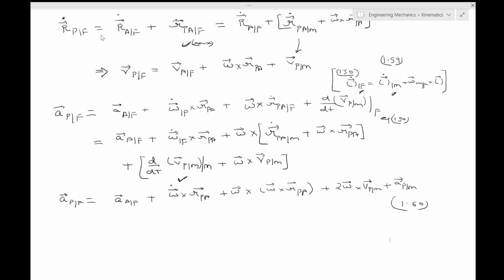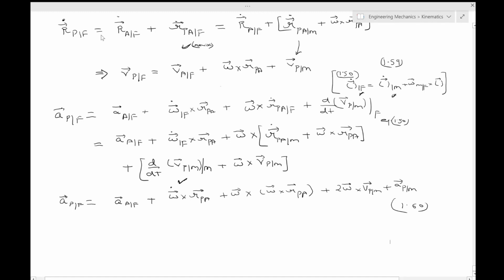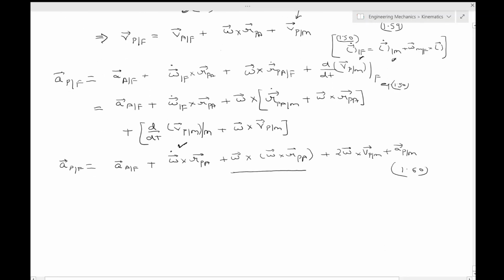So we now want to focus on this term omega cross r_pa, this particular term, and see how this can be understood more, because it's slightly complicated. Let me first draw it.